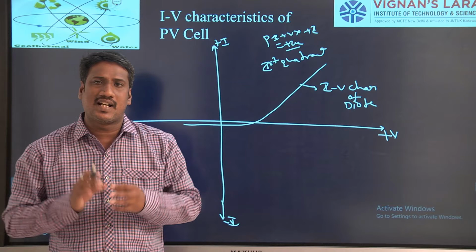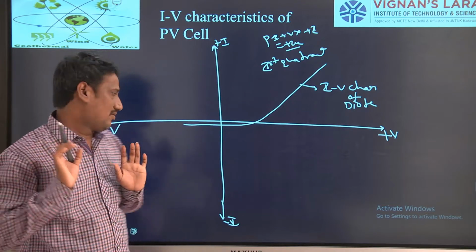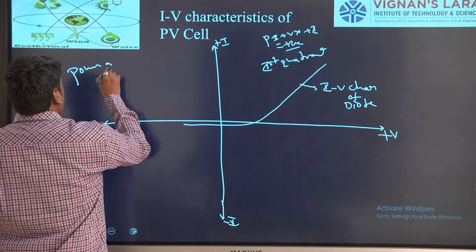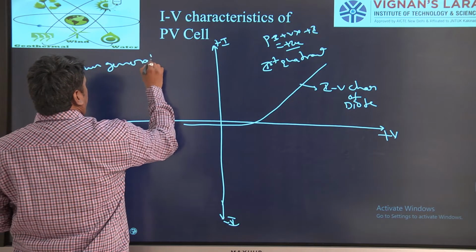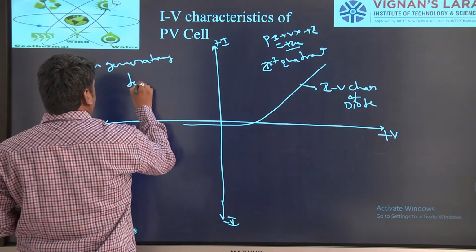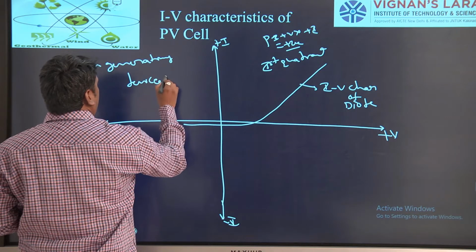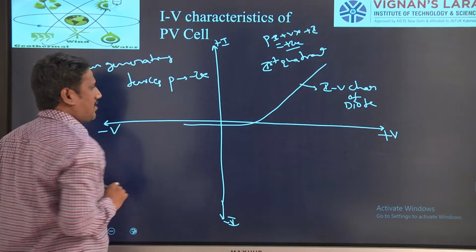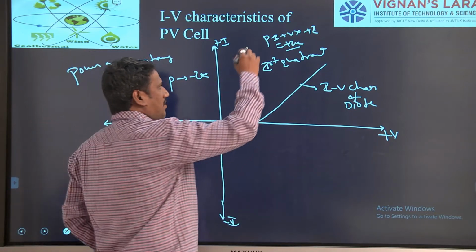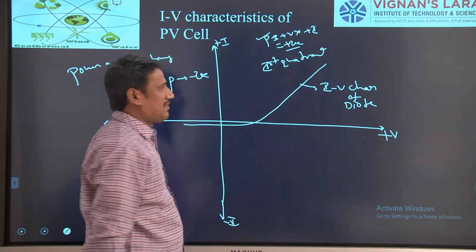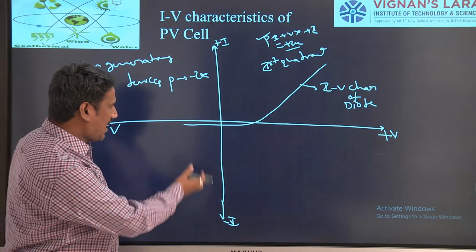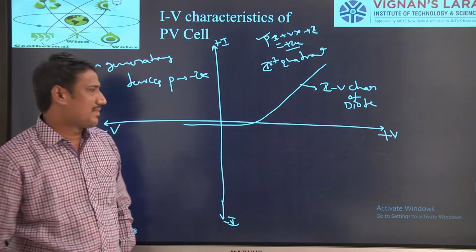For all power generating devices, power will be negative. Whereas for absorbing or consuming devices, P will be positive. So I would like to draw the characteristics of PV cell from the diode.